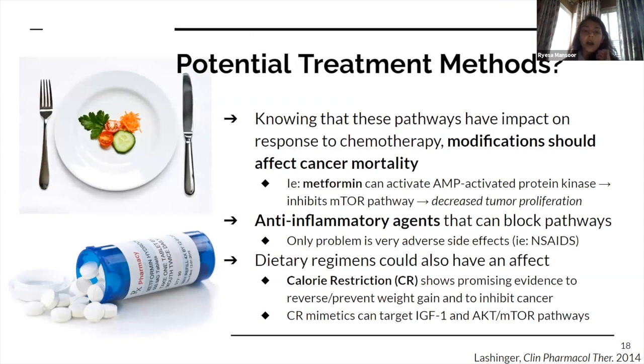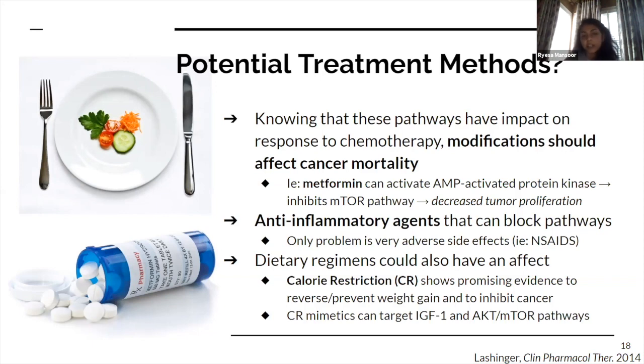So one of the most proven pieces of evidence of this is using metformin, which we all know is a common diabetes drug. A lot of it's also prescribed to obese individuals who may be pre-diabetic. But essentially, metformin is able to activate the AMP-activated protein kinase pathway, and downstream, this pathway is able to inhibit the mTOR signaling pathway, and therefore, as we learned earlier, by inhibiting this, we can hopefully decrease tumor proliferation.